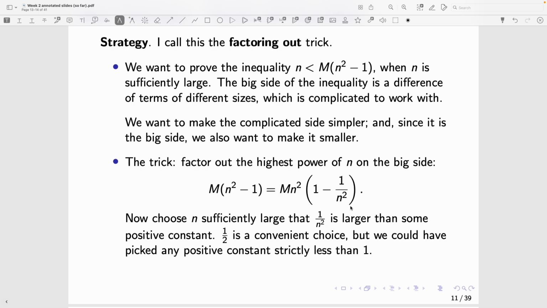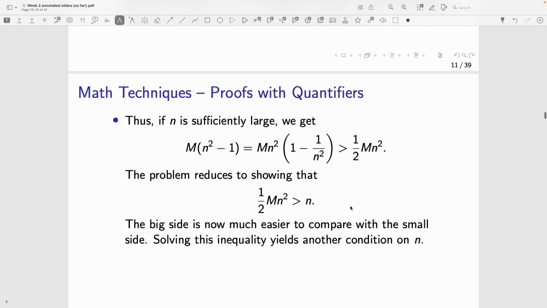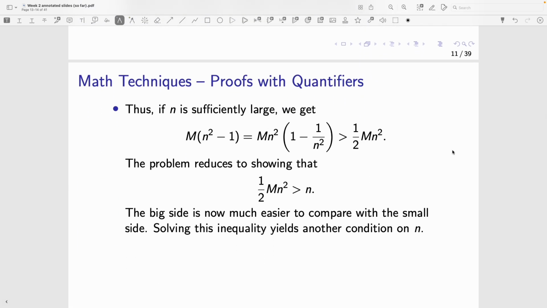In this case, we chose the square root of 2 so that n squared could be greater than 2, and then 1 minus 1 over n squared could be greater than 1/2, and then boom, we had one term. And from there, it becomes much simpler. You can do familiar algebra to solve for n there.